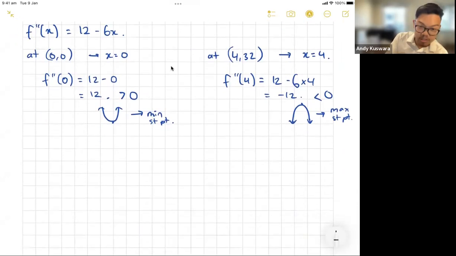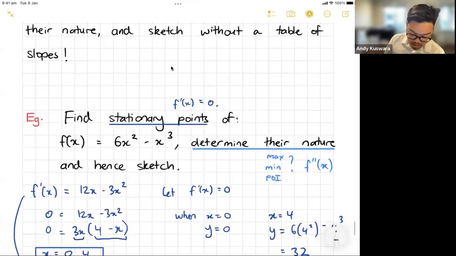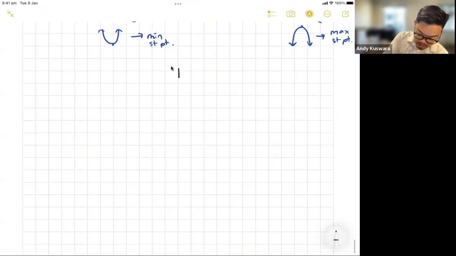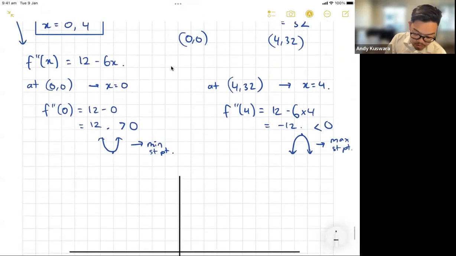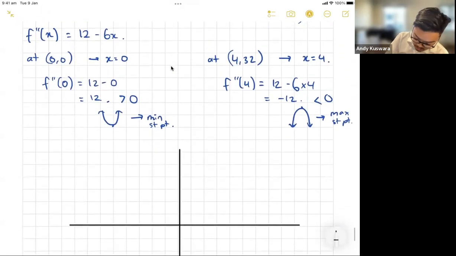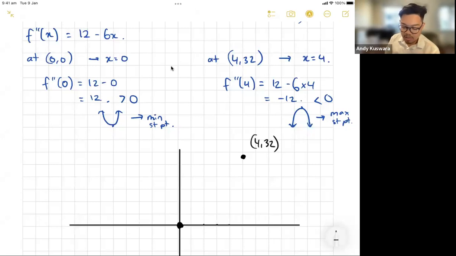And so here's what we've got. Now we can sketch, because I'm pretty sure the question asked us to sketch. Because I don't need things to be perfect, I'm just going to quickly draw this out. I know the two stationary points are 0, 0 and 4, 32. So I'm just going to say 4, 32 can be somewhere here. Note, for a sketch, I don't need a perfect scale.